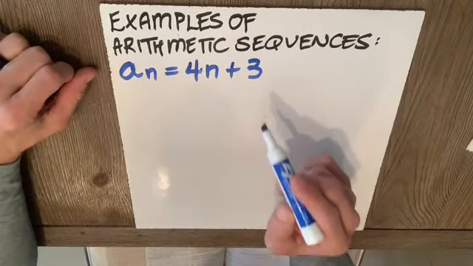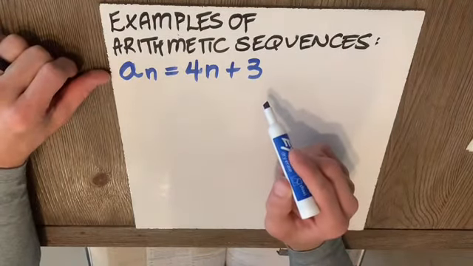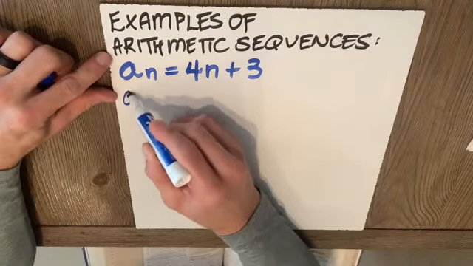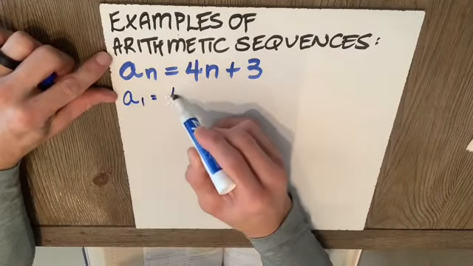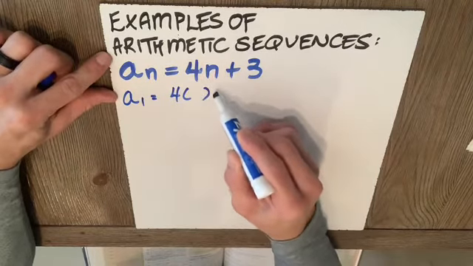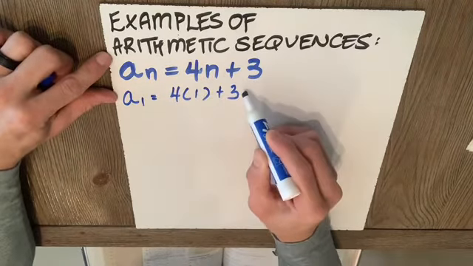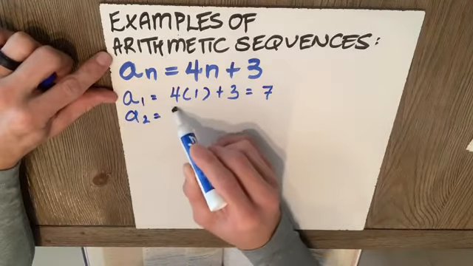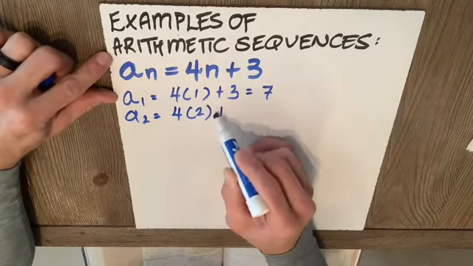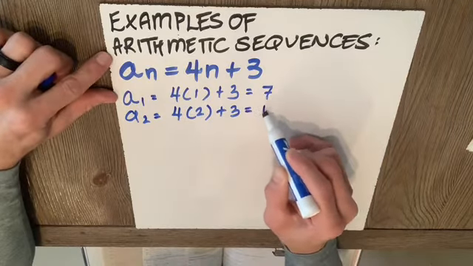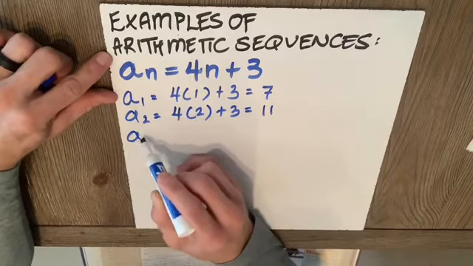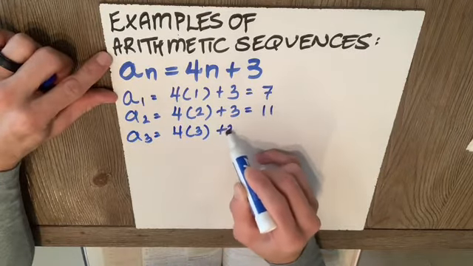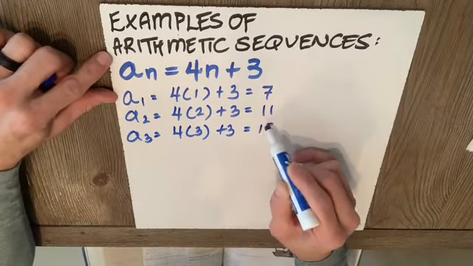So look at the power of this general term. This is an explicit general term because I could put in 1 for n and get 4 times whatever n is plus 3. If I put in a 1, I get 7. If I put in a 2, I get 4 times 2 plus 3, which is 11. If I put in a 3, I get 15.